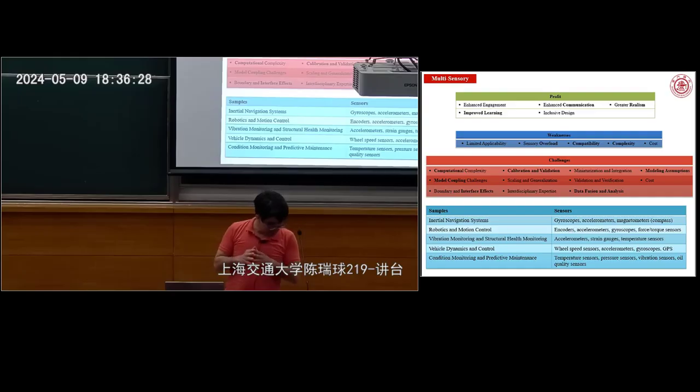By the way, in samples of multisensories, up to now, there are some examples in vibrational science, in acoustical science, or fluid and thermodynamics. For example, inertial navigation systems with gyroscopes, accelerometers, or magnetometers.